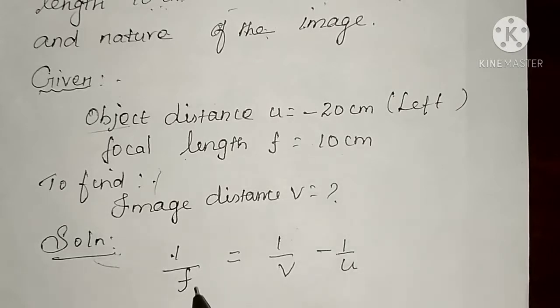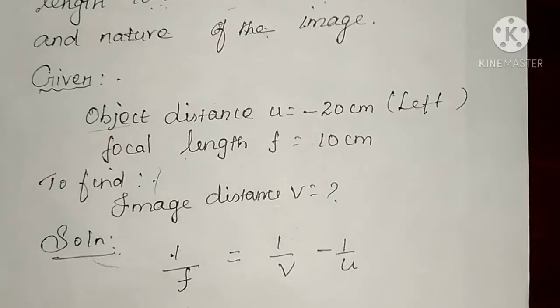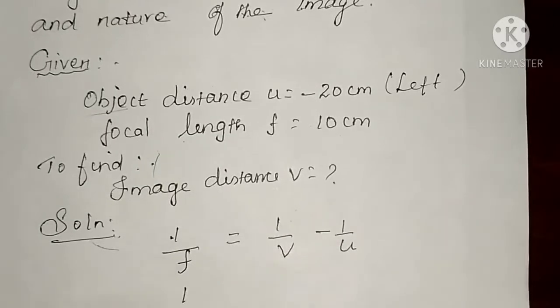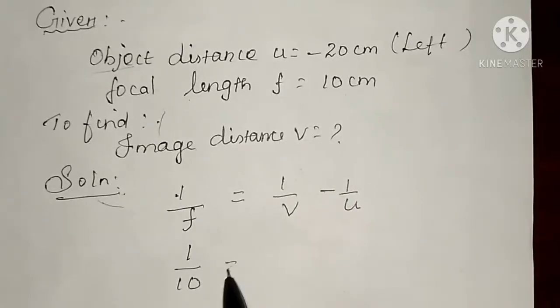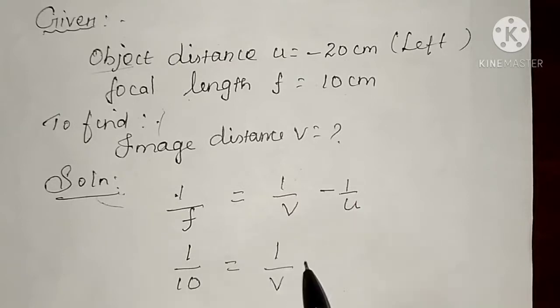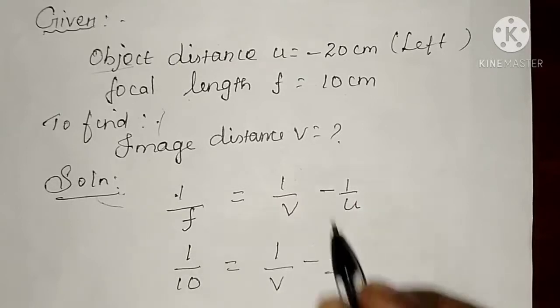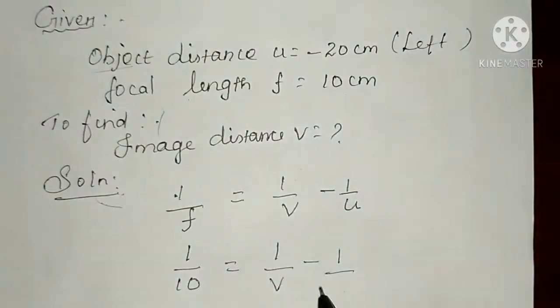Okay, now we can substitute all these values here. So 1 by f, you have to substitute 1 by, what's the value of f? 10. Okay, 1 by 10 is equal to 1 by v, only we want to find. 1 by v minus 1 by u, what is the value? Minus 20.